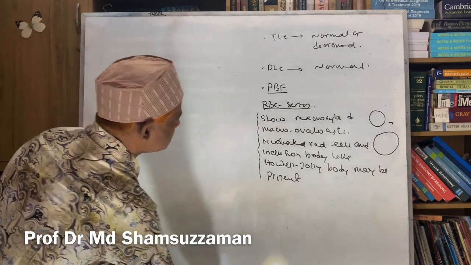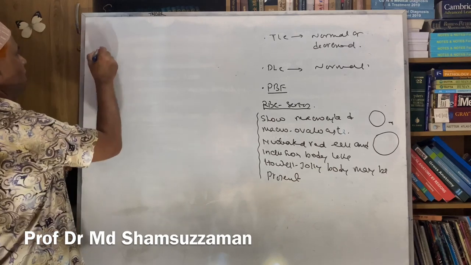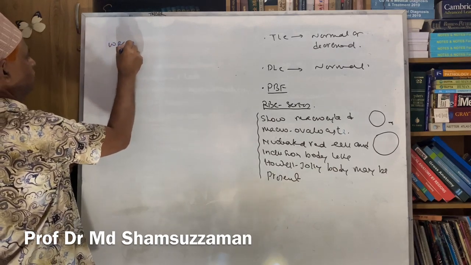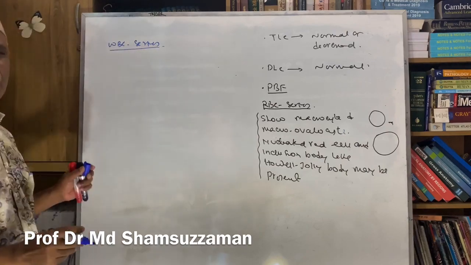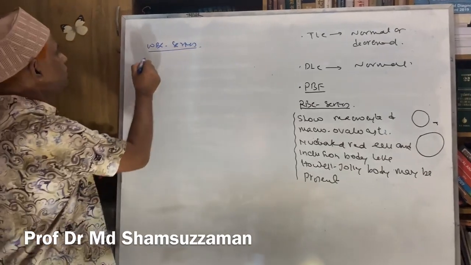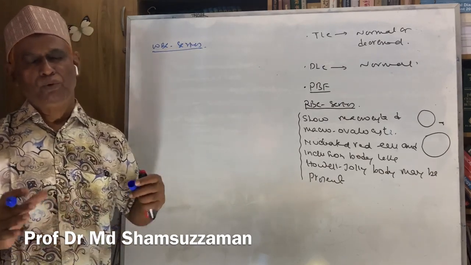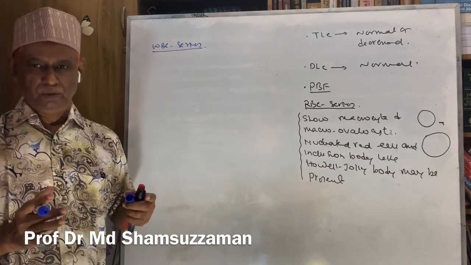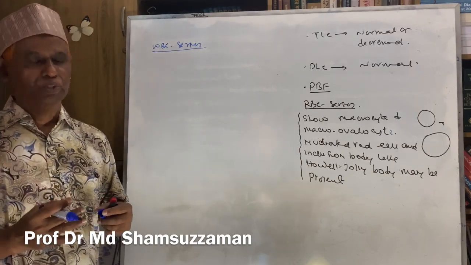Now come to the WBC series in the peripheral blood film. The cells of the WBC series show normal count or a bit decreased, but there is giant metamyelocyte.